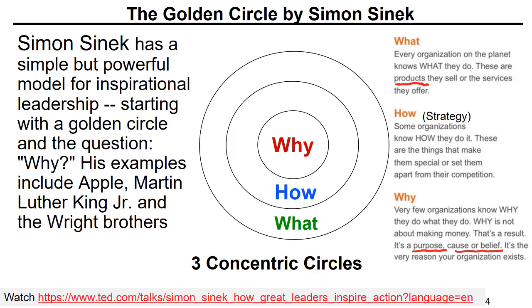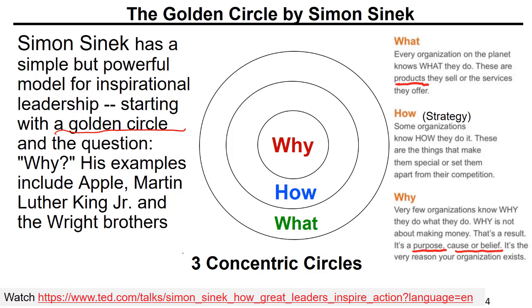And there's a very popular TED Talk. I think last time I checked, there were already about 44 million views on this TED Talk by Simon Sinek. And he referred to this as a golden circle.